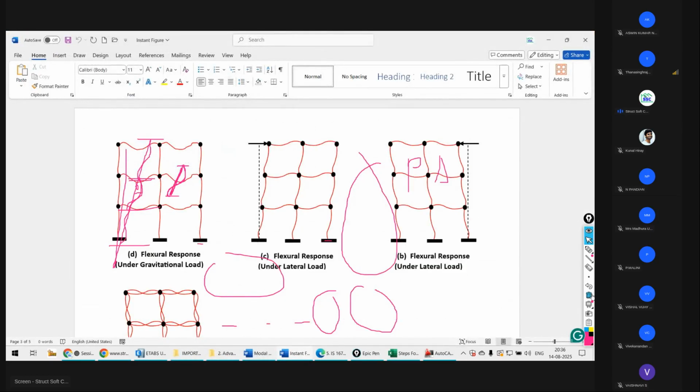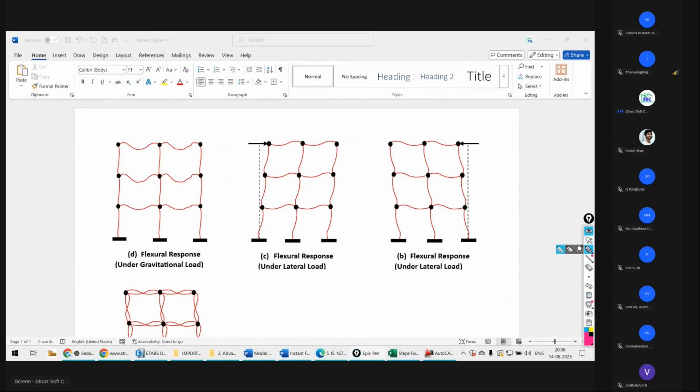Yes, have a look over this. See, entire structure is deflected. So initially the mass is concentrated at the center. Now mass is going to be shifted from its original position, so this will be your delta, and is each individual column deflected or not?